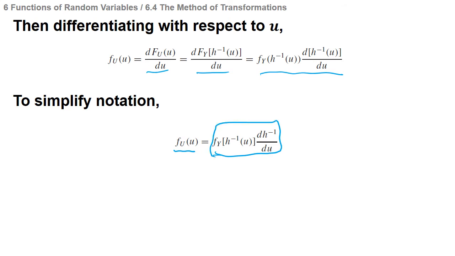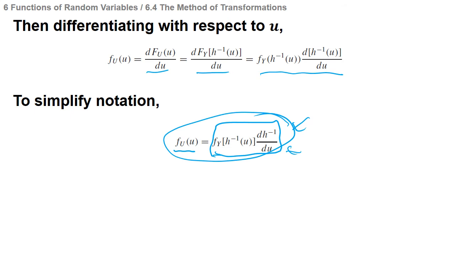This formula is derived from the method of distribution, but you can simply use this method. This is the method of transformations, and it is easier to calculate than using all the definitions of the method of distribution. You just memorize this and apply it for the simple cases.